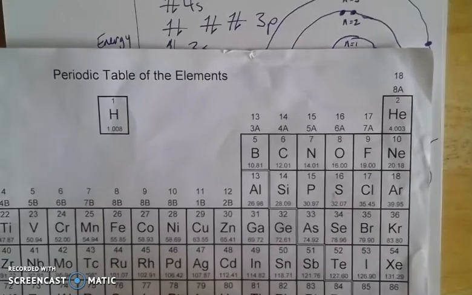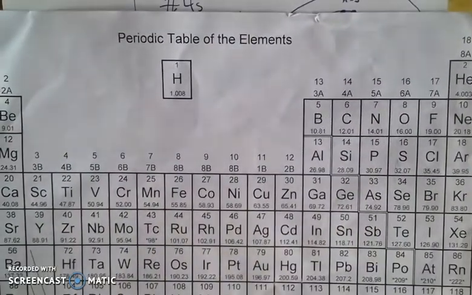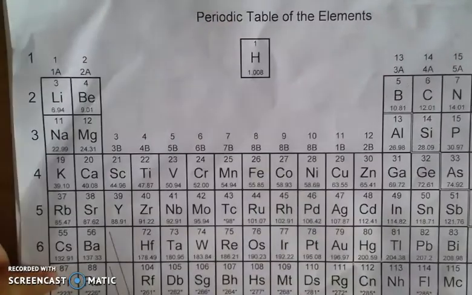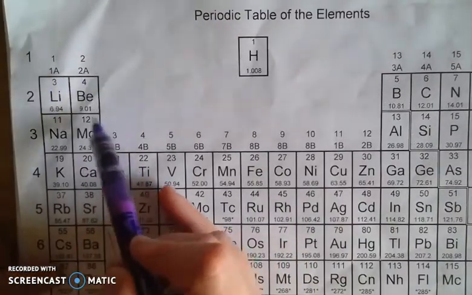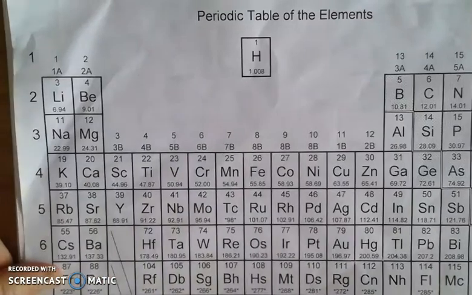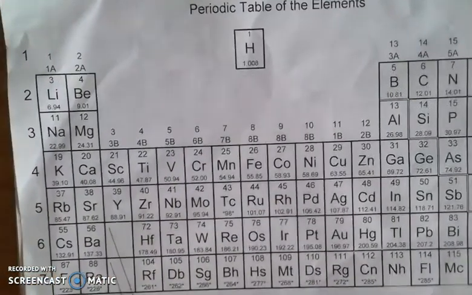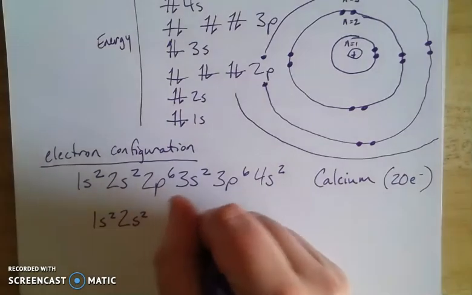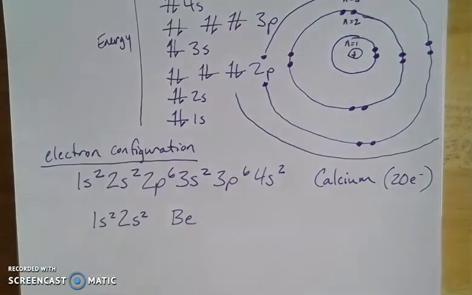And so if I go to my periodic table, then I need to find number 4, which tells me that there are 4 protons, which means if I have 4 electrons, this must be beryllium. Okay, so if you have an electron configuration, you can figure out the neutral atom it corresponds to, and vice versa.